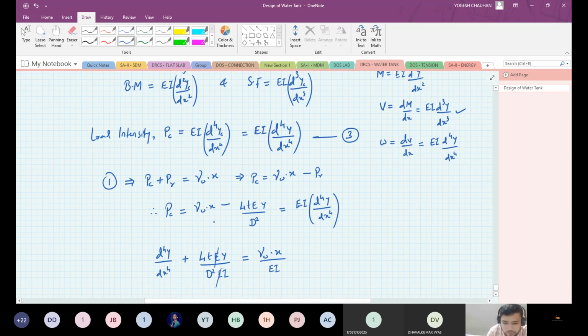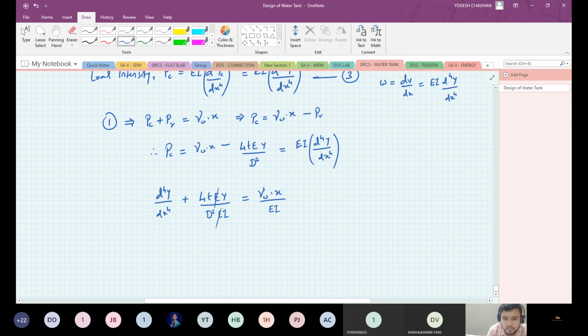For simplicity, let us write gamma w as w, meaning any liquid, whether it is water or any other. So we can write this as d to the power 4 y by dx to the power 4 plus 4t by I d square times y is equal to gamma times x by EI.